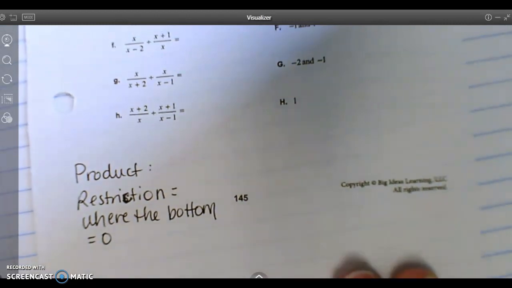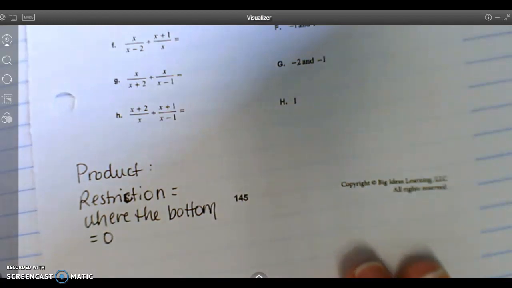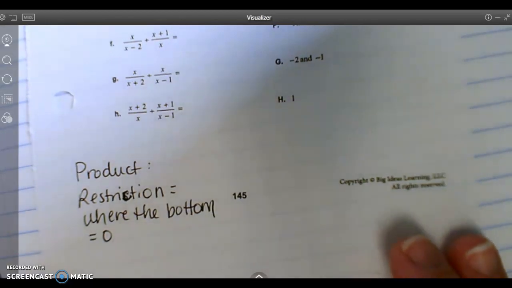So when you're looking at a product, your restriction, or what values can't be included, is where the bottom is equal to 0. And normally if you just have like x plus something or x minus something, again you just change the sign to figure out where those values would be.